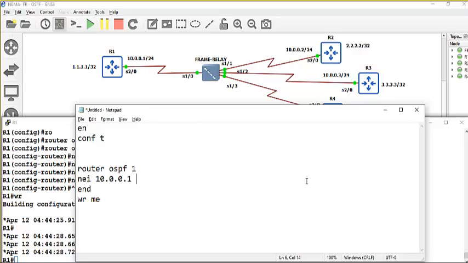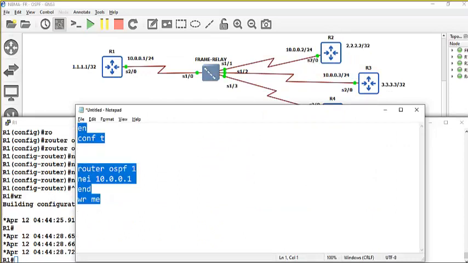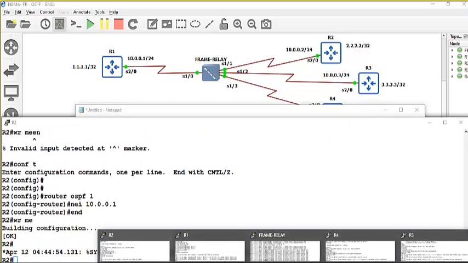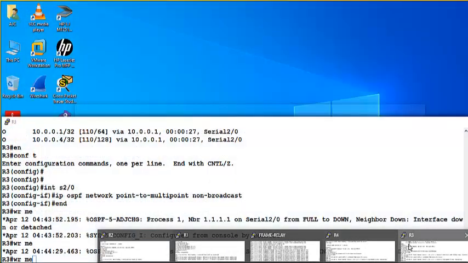For all the spokes, this is the neighbor. So I'll paste this on router 2, 3 and 4.